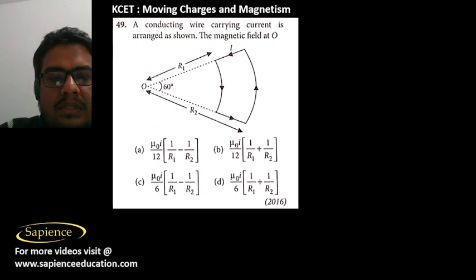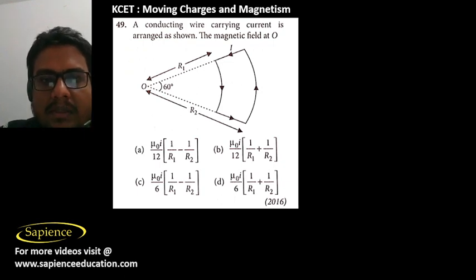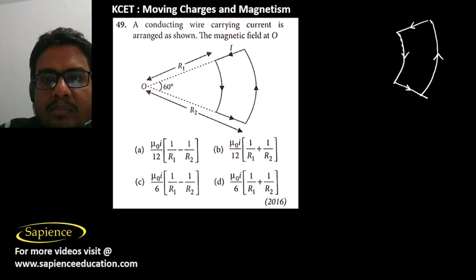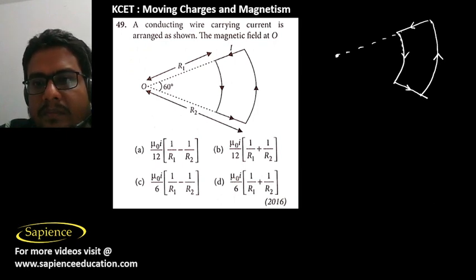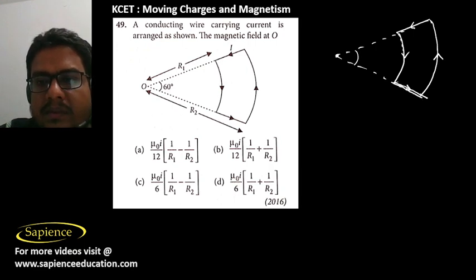In question number 49, it is told, a conducting wire carrying current is arranged as shown. The magnetic field at the point O, how much is that? So now, due to these two straight wires, there is no magnetic field at the point O. Why?